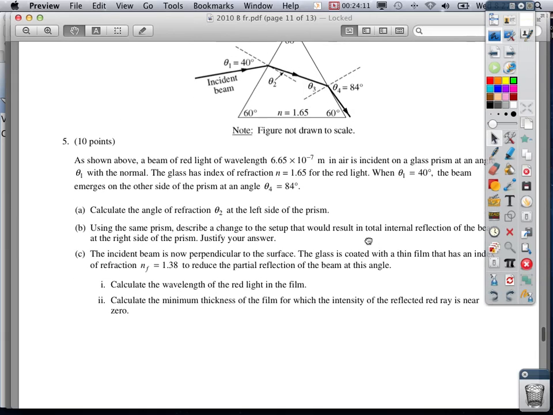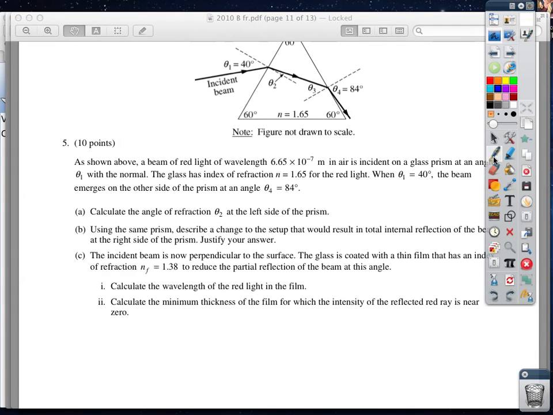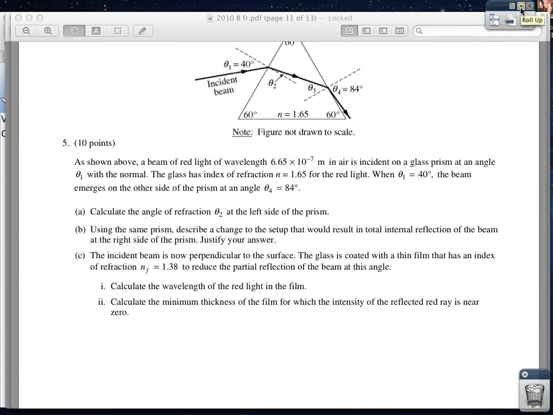All right, so here, using the same prism, describe a change to the setup that would result in total internal reflection of the beam at the right side of the prism. Justify your answer. Total internal reflection at the right side. So basically, you have to adjust theta so that this angle here, theta 3, will get bigger to a certain point.